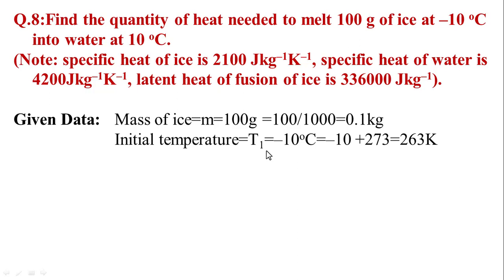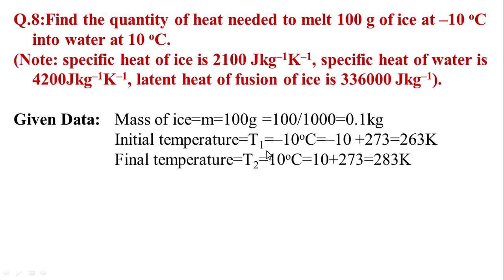Minus 10 Celsius change into Kelvin, then minus 10 plus 273 is equal to 263 Kelvin. Final temperature T2 is equal to 10 Celsius. 10 Celsius change into Kelvin, then 10 plus 273 is equal to 283 Kelvin.